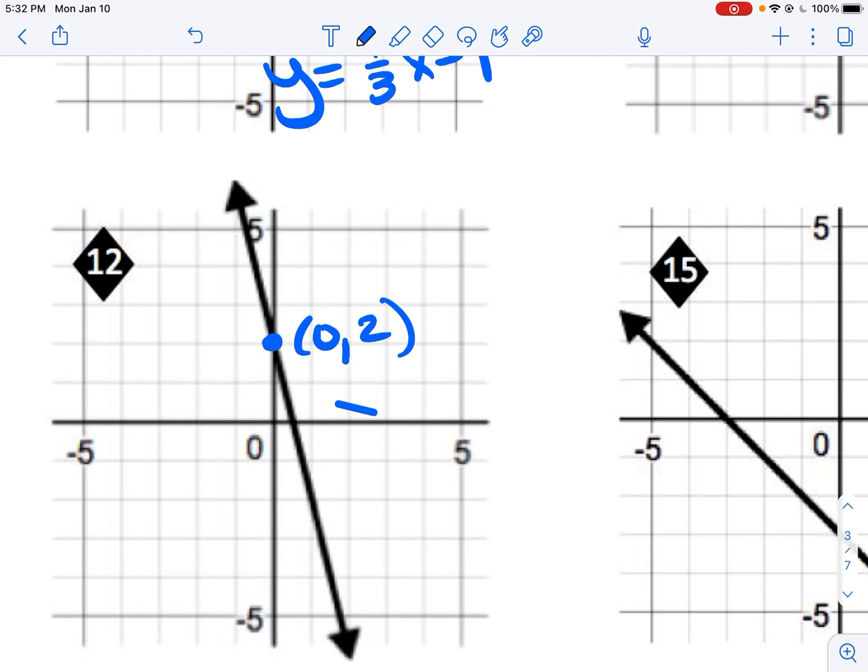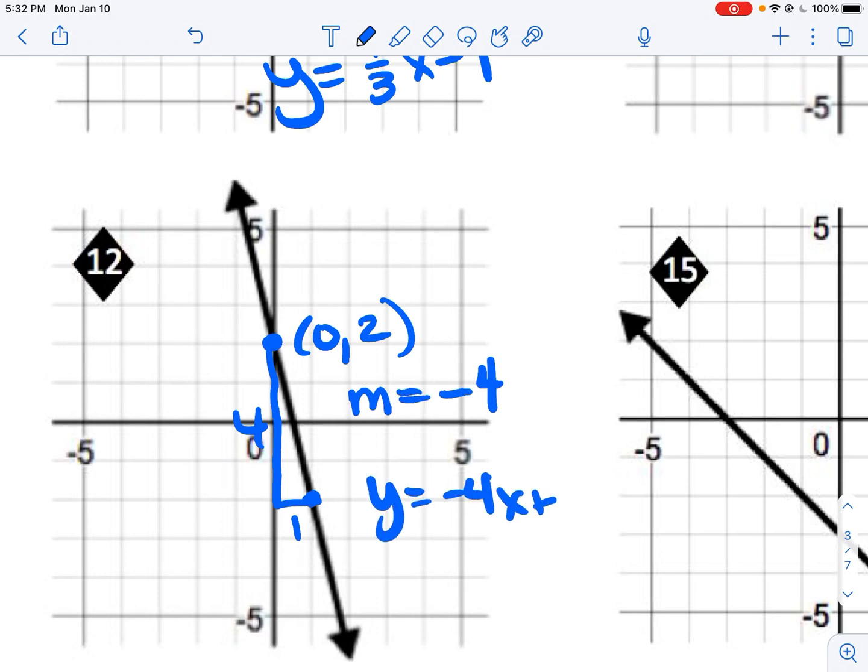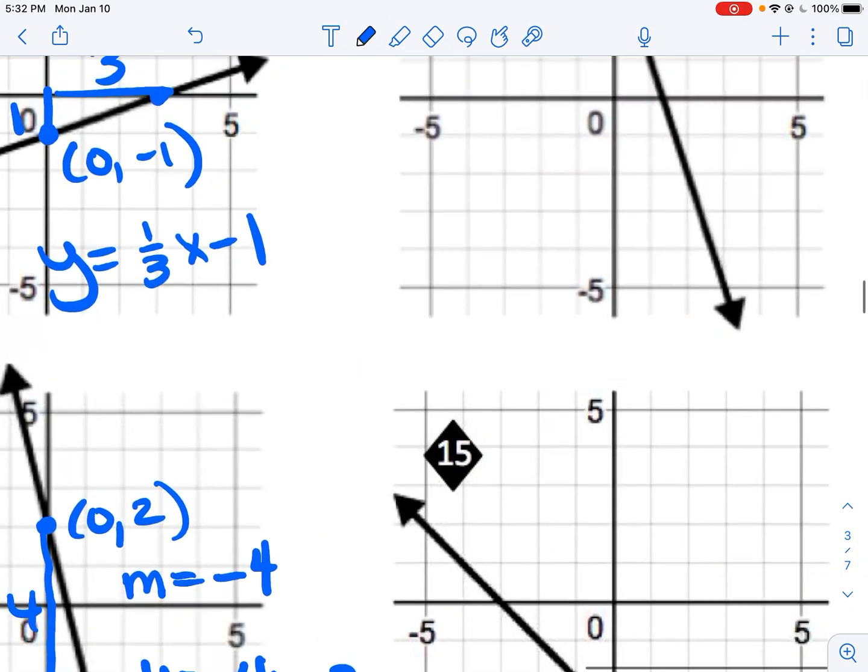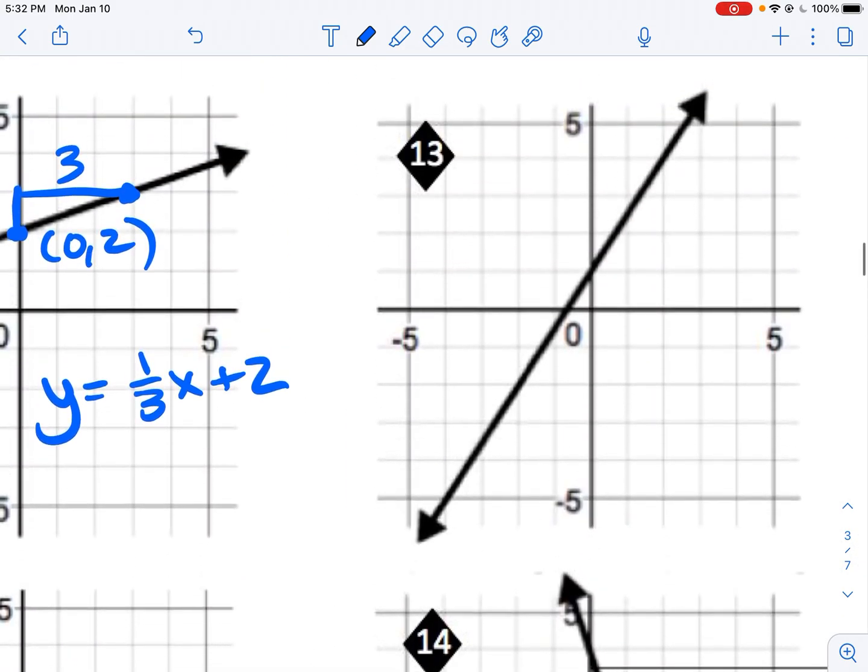The slope on this is going to be negative. So it goes down 1, 2, 3, 4, and it goes over 1. So the slope on this is negative 4. So y equals negative 4x plus 2.